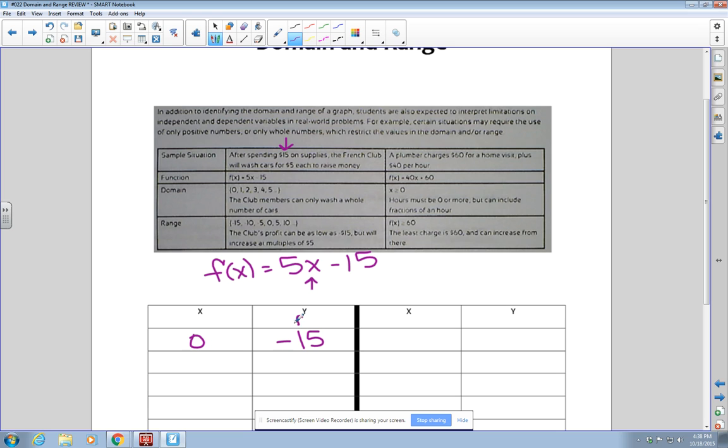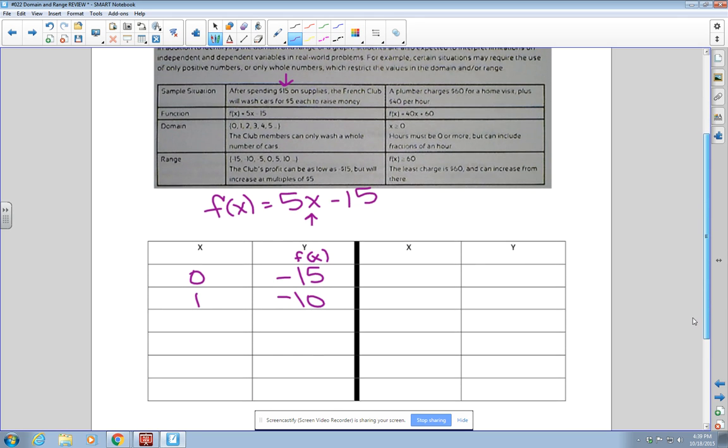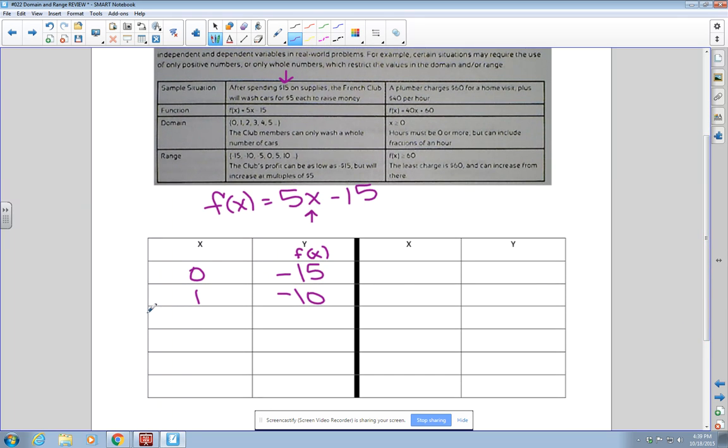And y can also be rewritten as f of x. Okay. When we plug in 1 for our x value, we're still negative $10. We still haven't made money after the first car wash. And we'll simply go forward and we'll plug in 2 and we'll be negative $5.